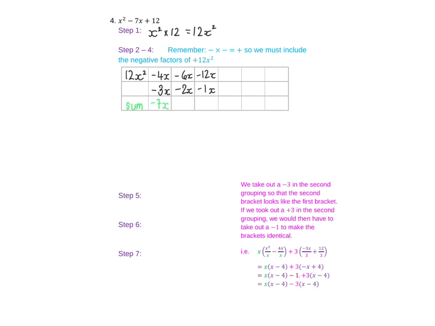And that is indeed the correct middle value. So we go and highlight these factors as the factors we want to use in our next step. So we say then that is x squared, first term, and then the highlighted factors, negative 4x and negative 3x, and then the last term of positive 12.